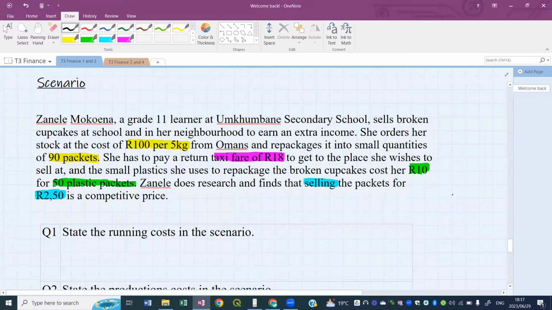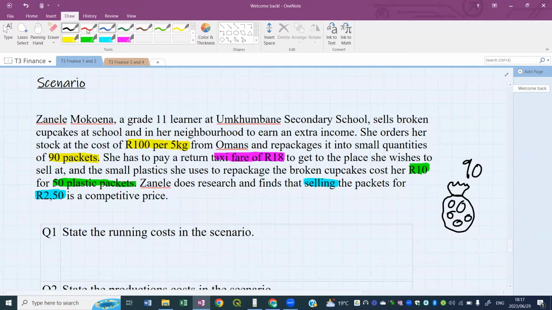I'm going to draw a little packet of cupcakes. So there's a little packet and inside there are little cupcakes. How much is in there doesn't matter, but there are 90 of these packets that she wants to sell.